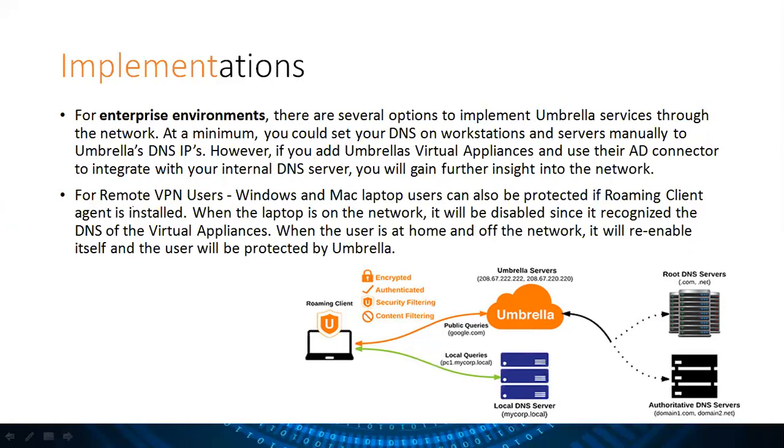Finally, if a user is remote, a VPN-based user, a roaming client is installed on your laptops to ensure that when the user is not part of a trusted network, resolution always happens through the Cisco Umbrella DNS servers.